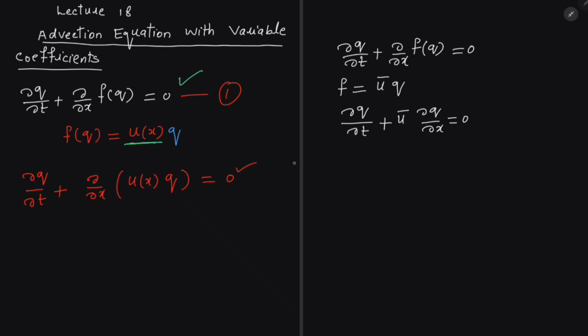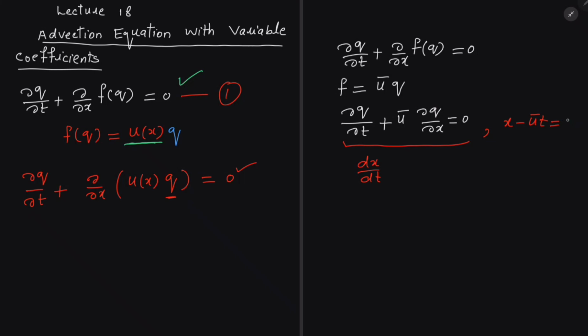Another question we can ask is whether this q is constant along the characteristics, like it was for the advection equation. In the advection equation, we saw that the characteristics were x minus u bar t is equal to a constant c.